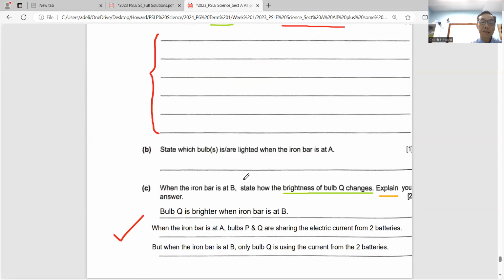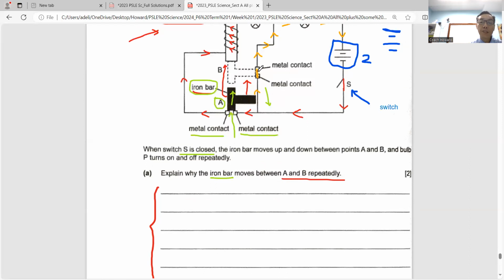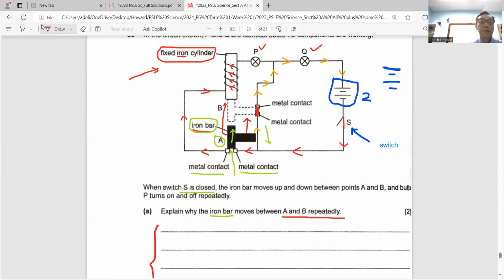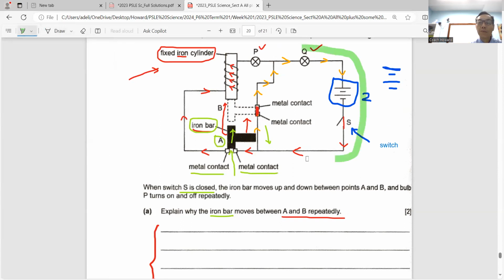Okay, part C. When the iron bar is at B, that means at B, it will form this close contact here. You will notice that only one bulb will be lit. Okay, because when the iron bar is here, you form the electric current using the orange yellow, you will notice that only this section, which I use a highlighter to show you now, only this section forms a closed circuit.